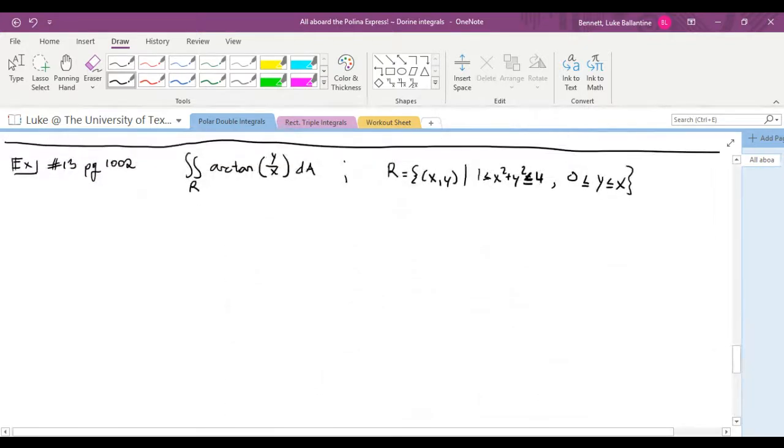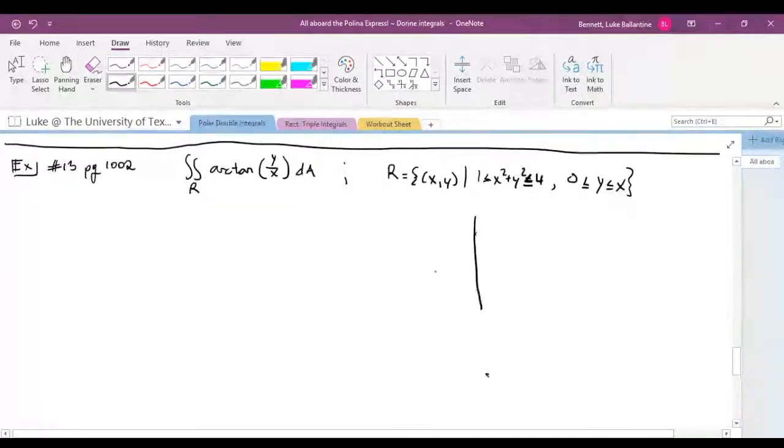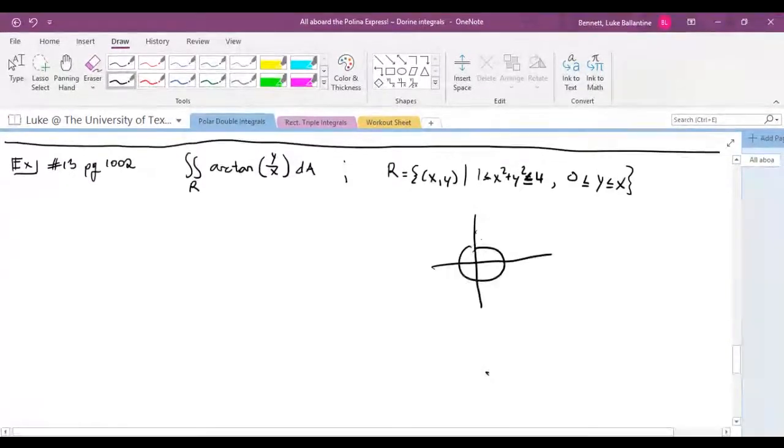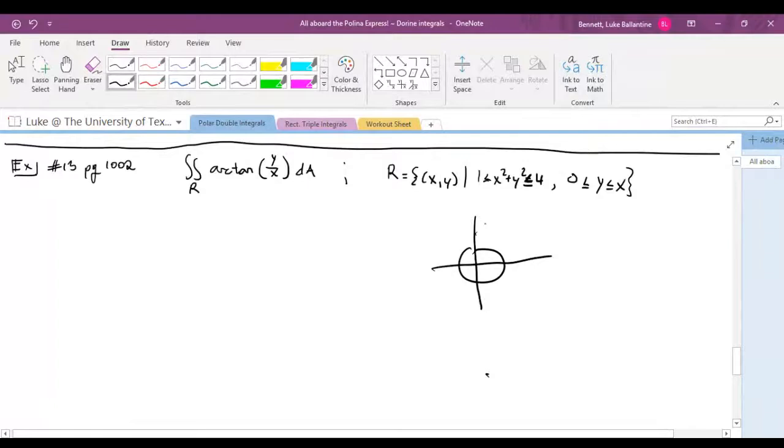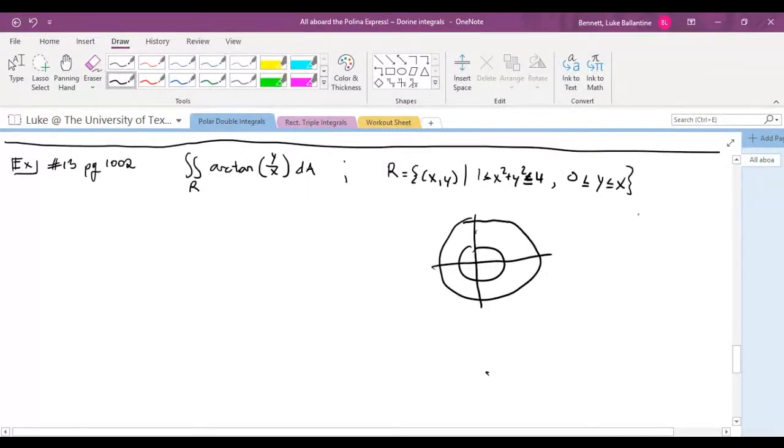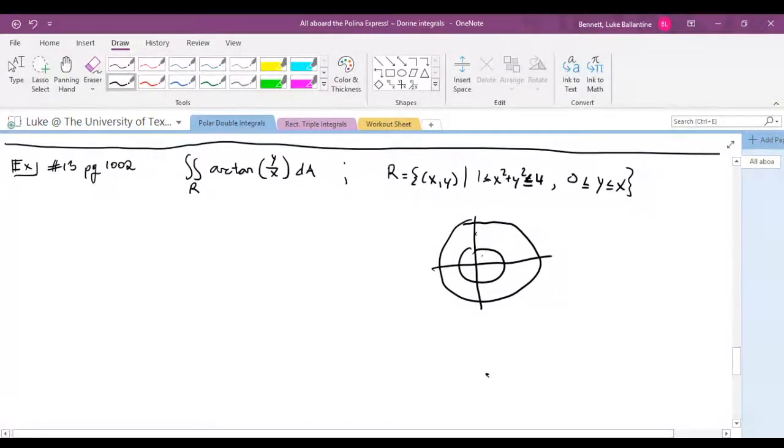All right, now we have page 1002, number 13. Arctangent of y over x, where r is in between 1 and 2, and then 0 is less than or equal to y, which is less than or equal to x. So here's y equals x.